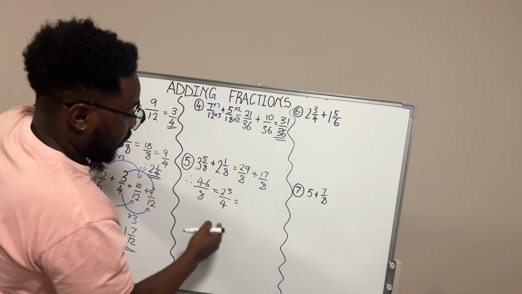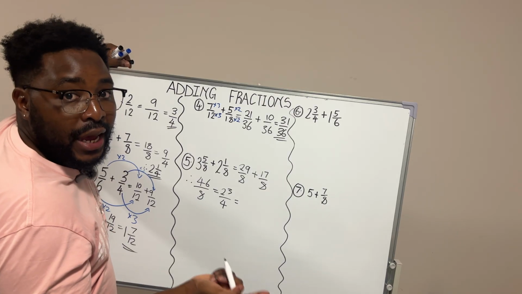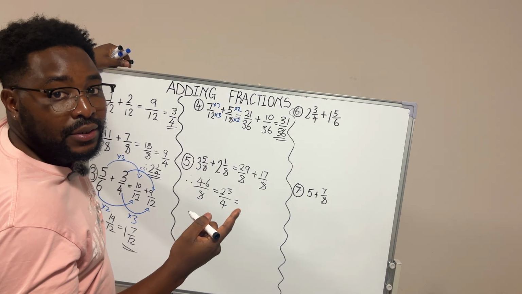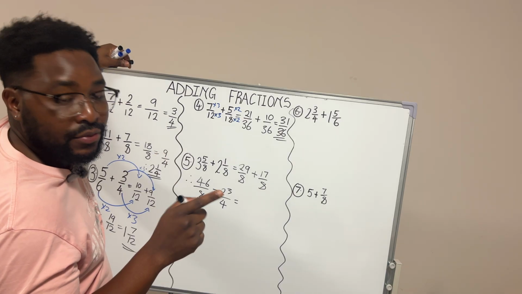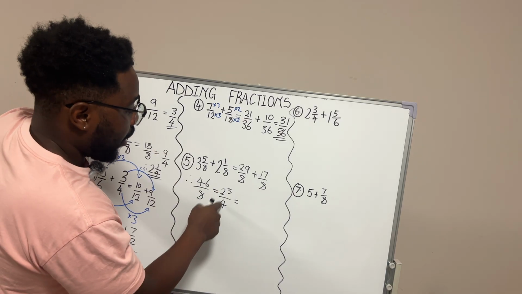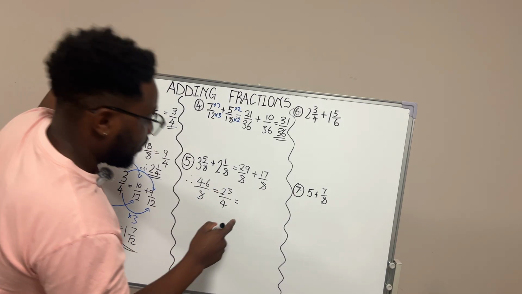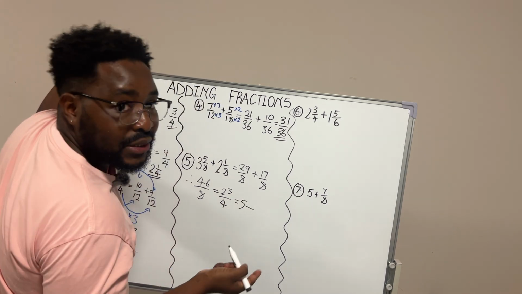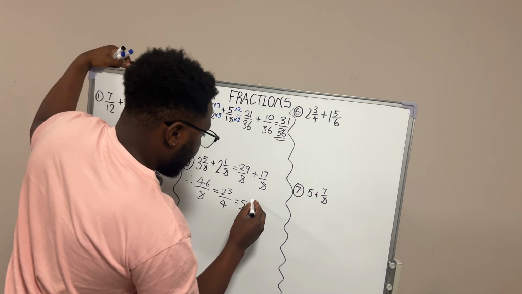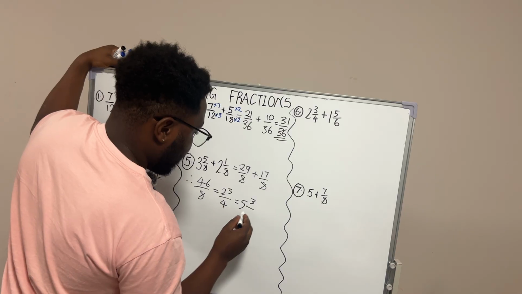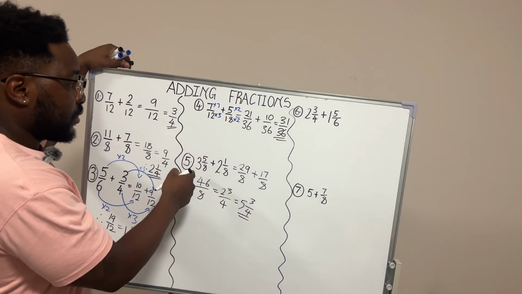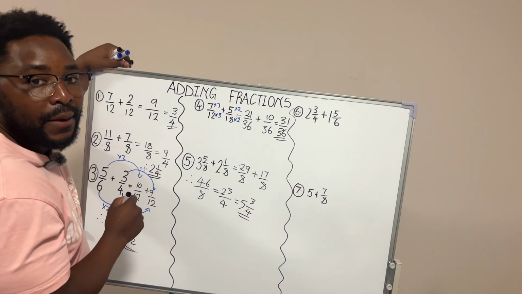Now, this is an improper fraction, and remember I said you can turn it into a mixed number if needed. So let's do that. 4 into 23 gives us 5. And the remainder will be 3, over 4. So we have solved this question number 5.